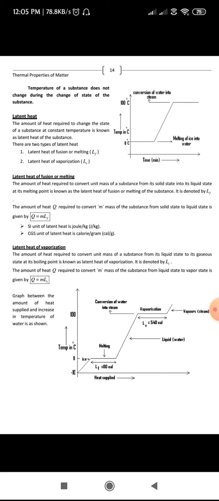Mathematically, we write that as Q is equal to M L subscript F. Q denotes the amount of heat supplied, M is the mass of the substance, and LF is the latent heat of fusion.